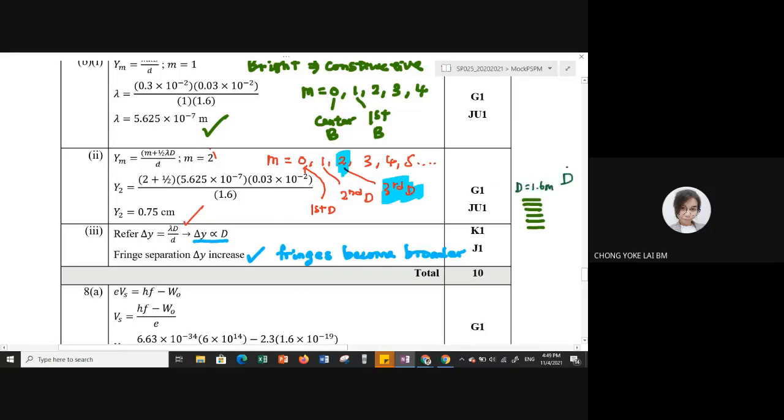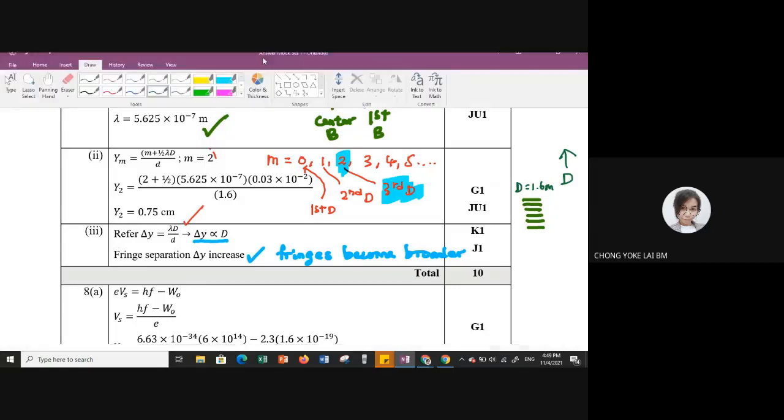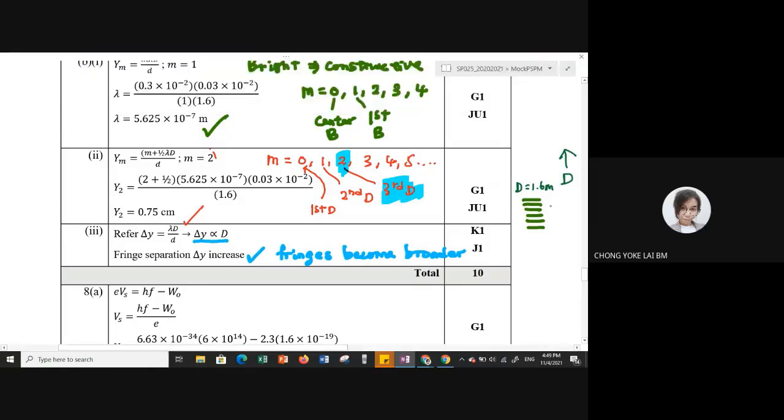Kalau you increase you punya separation, dan jarak antara setiap fringes ni jadi lebih besar, so dia mungkin macam ni. Your delta Y become greater lah. Delta Y you jadi besar. Ini very starting, delta Y you kecil je. Okay, so the fringe separation become increased. Okay, so the total mark for this topic is 10 lah.